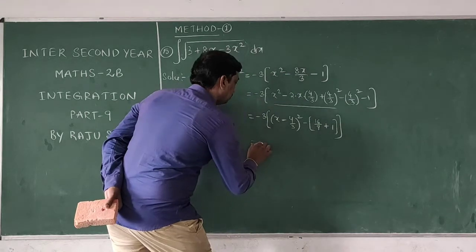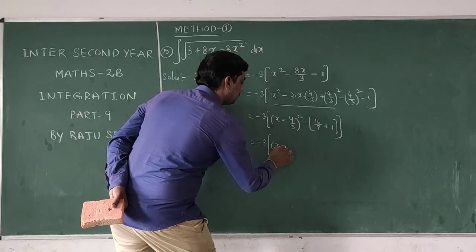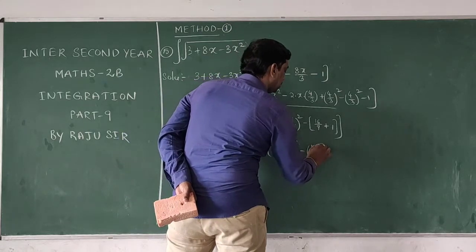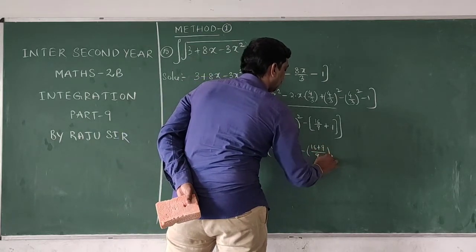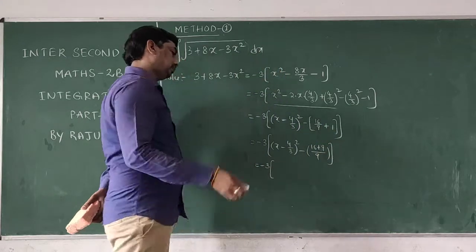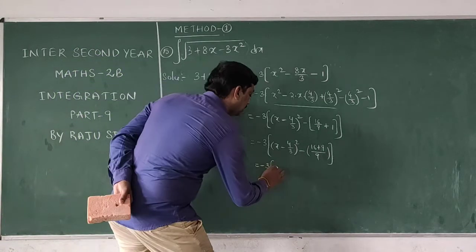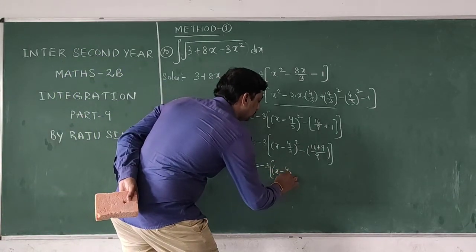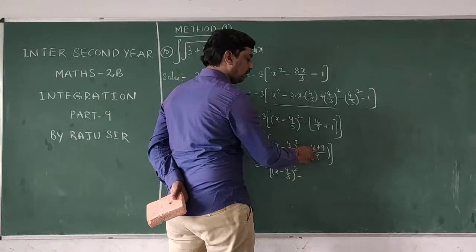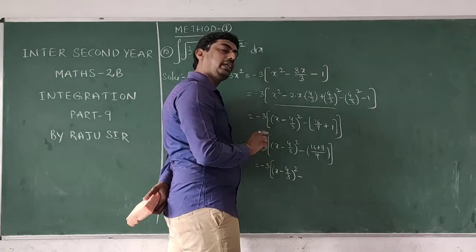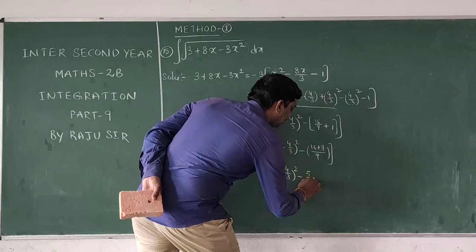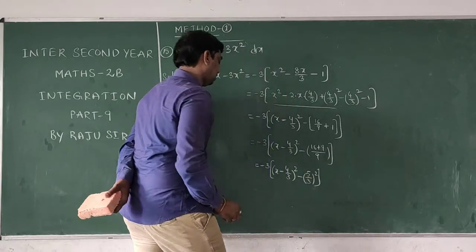So minus 3 into x minus 4 by 3 whole square minus, do the LCM, 16 plus 9 by 9. 9 is the LCM. So minus 3 into x minus 4 by 3 whole square minus 25 by 9. 25 by 9 can be written as 5 by 3 whole square.